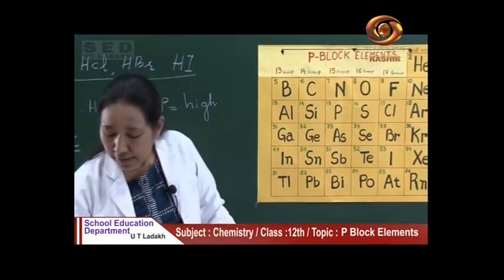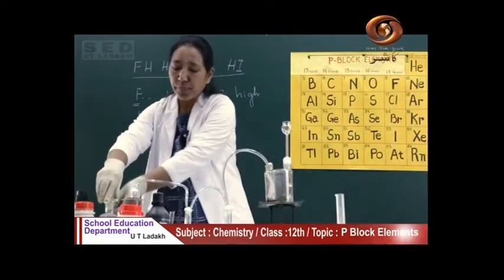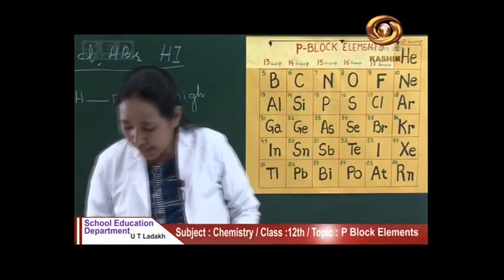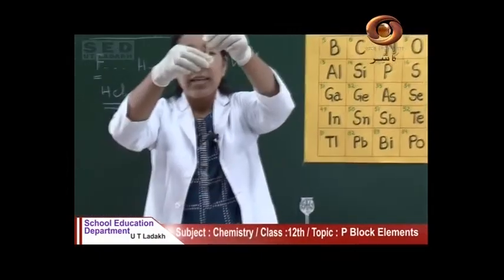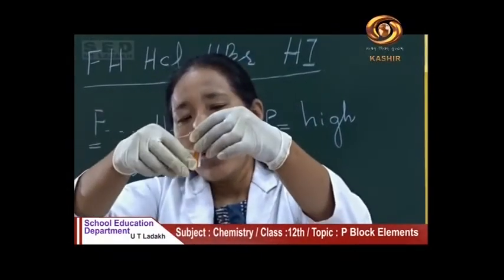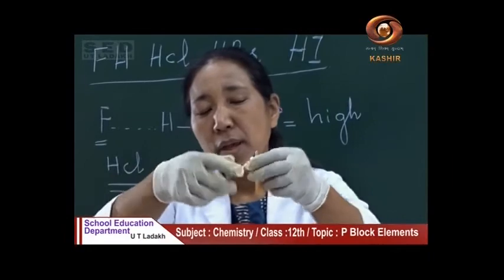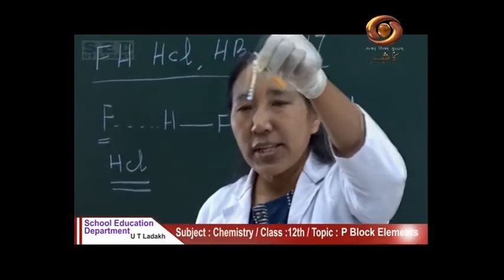If we want to check whether it is strong or not, we can check with the help of universal indicator paper, which has a pH scale written on it.